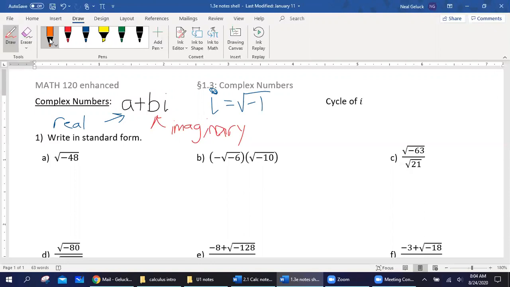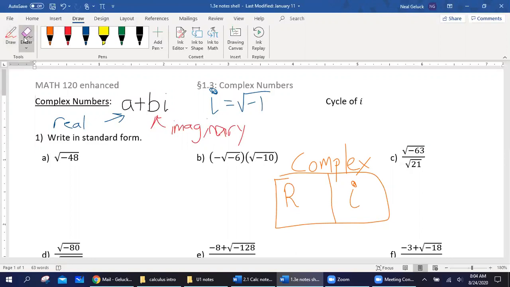Don't worry about drawing this, but if I were to consider the real numbers here, the imaginaries here, they don't have any overlap themselves, but altogether, they are complex numbers. So real numbers really are complex numbers. Imaginary numbers really are complex numbers and combinations of them.